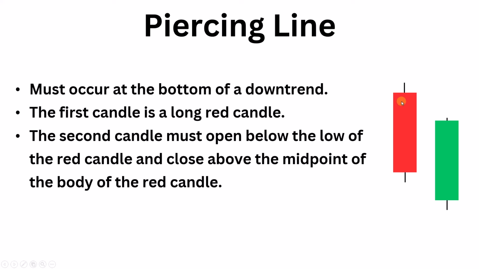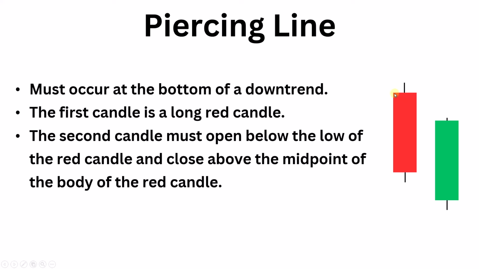You see, it is the midpoint of the body of the red candle and not the midpoint of the candle itself. If you consider the candle itself, then it is from here till here, and it is not the midpoint of the candle that we want. It is the midpoint of the body.